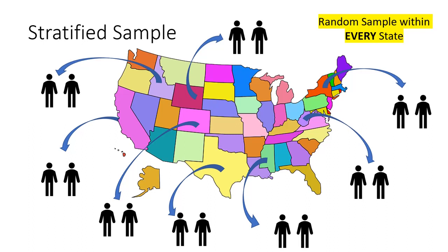So California, I'll collect a few people. Idaho, I'll collect a few people, etc. So every state is going to have a certain number of people that we collect data on.